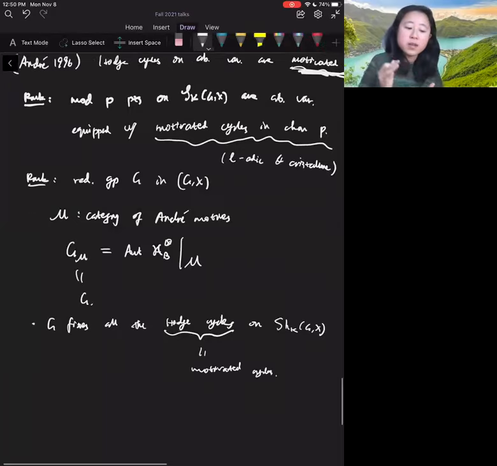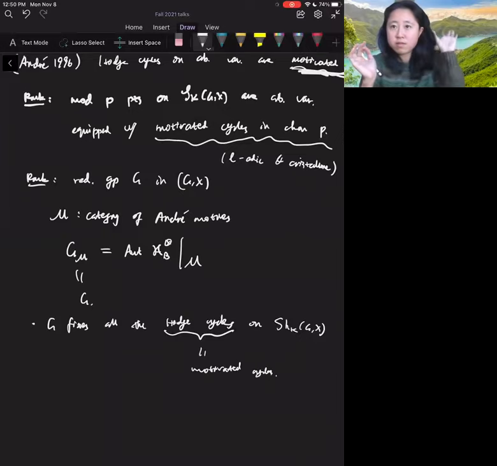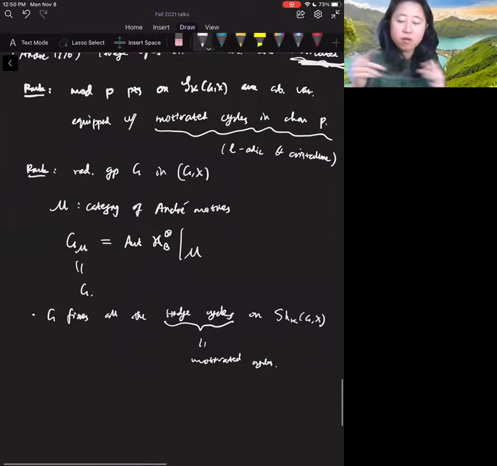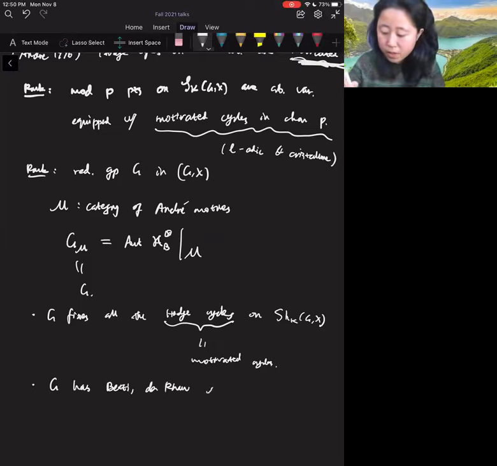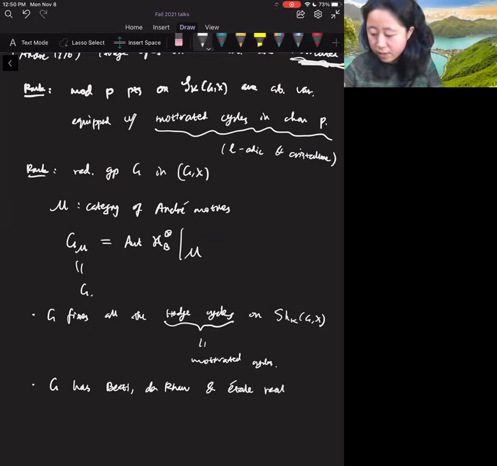Because Hodge cycles have Betti, de Rham, and étale realizations, because they have de Rham components and étale components, and when you pull back under embeddings it gives you the Betti components, we know that this reductive group G defining the Shimura variety also has Betti, de Rham, and l-adic étale realizations.